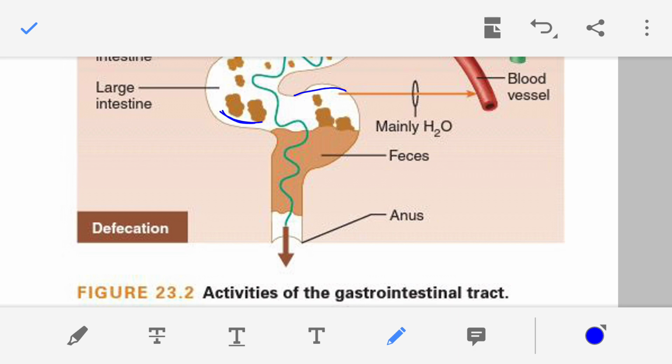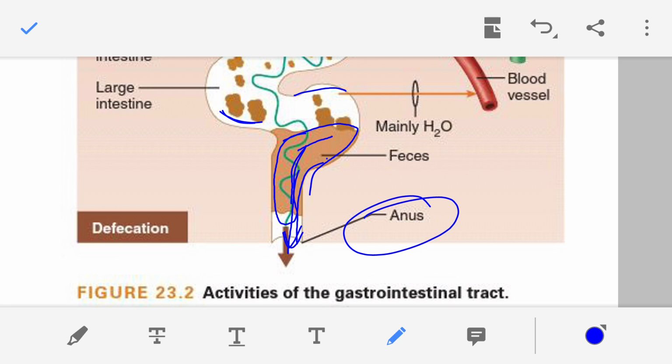from the GI tract, all this thing, they are accumulated in the rectum, and from the rectum, this feces is entering into the anus, and from the anus we are removing it from our body to the outside.